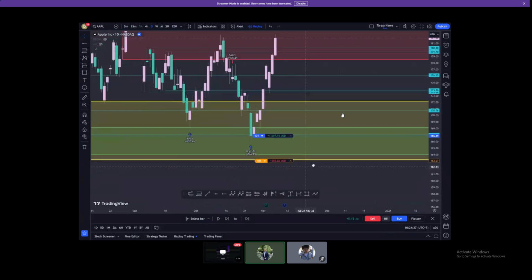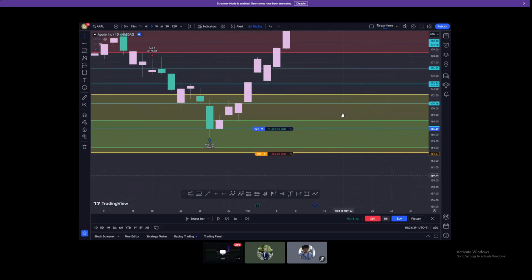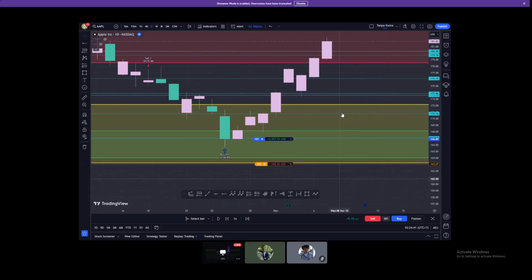Do you see the inside daily candle it formed before bottoming out? Yeah, over here. When the inside daily candle was formed, it gapped up the next day and broke above the inside daily candle. Then on the third day, the market came down and filled the gap right to the dollar, rejected, and then rallied higher. And then it kept rallying higher again.